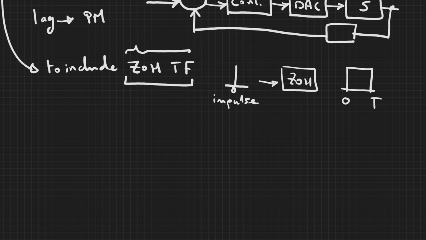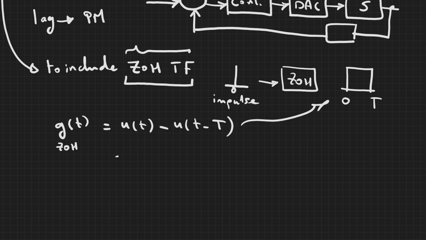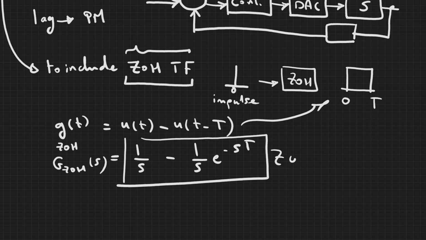To write down the impulse response of this block, it's just u of t minus u of t minus T, right? Therefore, the transfer function of the zero order hold is going to be 1 over s minus 1 over s times e to the minus sT. So this is the zero order hold transfer function that we want to include.